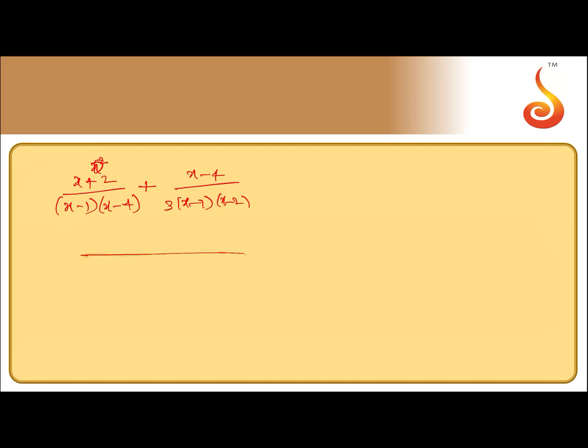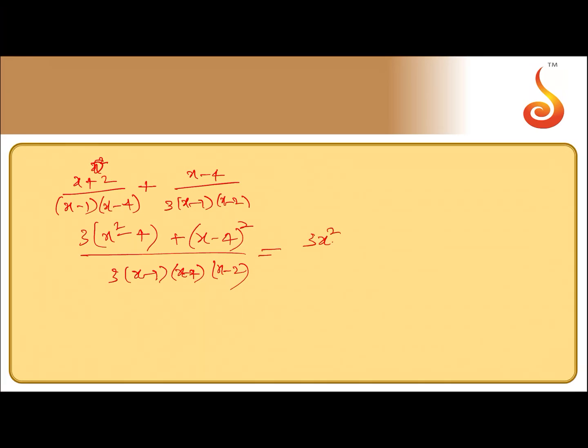If you take the LCM of this, 3(x − 1)(x − 4)(x − 2), you will get (x² − 4) multiplied by 3, plus (x − 4) whole squared.